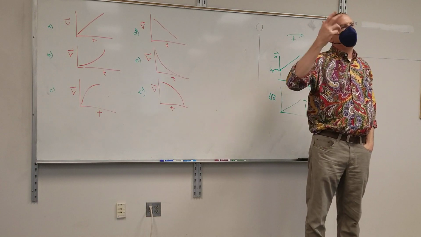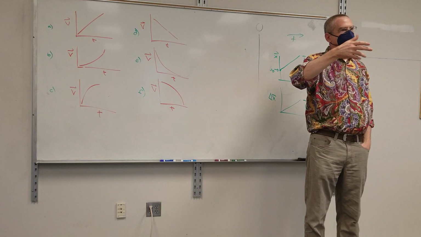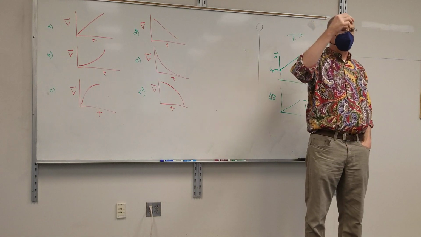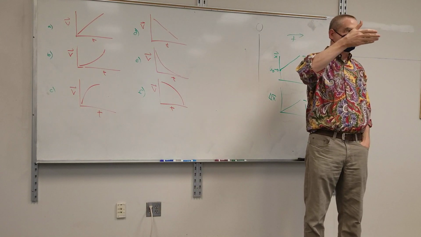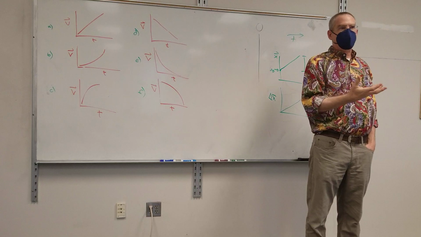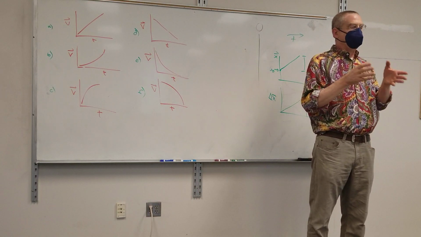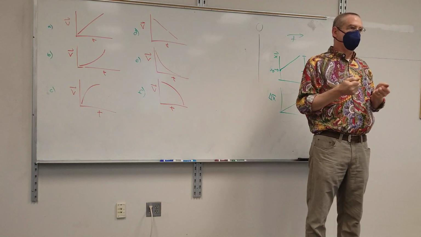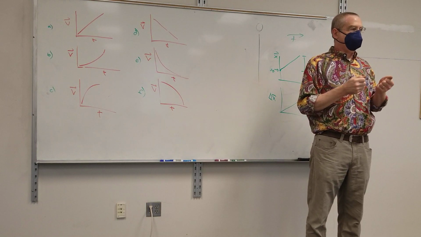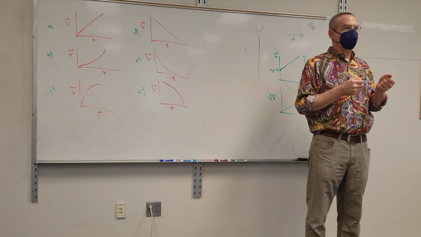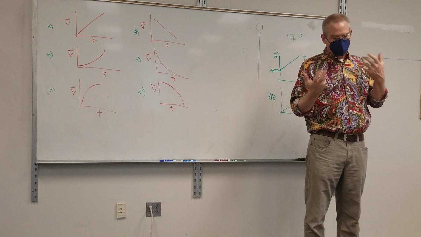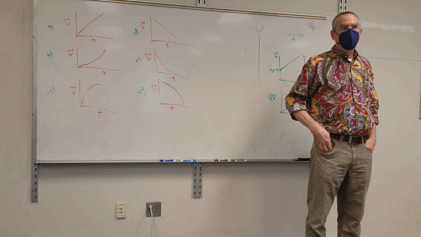So that's why, if acceleration is 0, then the total force acting on an object is 0 and the velocity doesn't change. Those are all called equilibrium. If acceleration is 0 and it's not moving, that's called static equilibrium. And if the acceleration is 0 and the object is moving, that's called dynamic equilibrium.